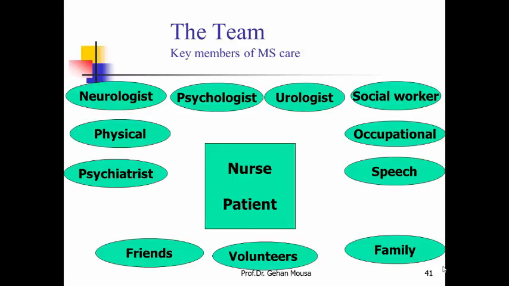Who will deal with MS? As we see in this figure, for treating the MS patient, a team should collaborate with each other to treat this patient: the neurologist, psychologist, urologist, social worker, physical therapist, occupational therapist, psychiatrist, speech therapist.